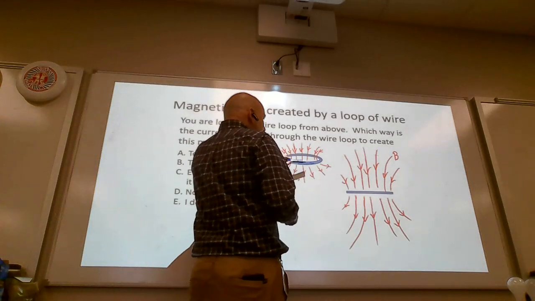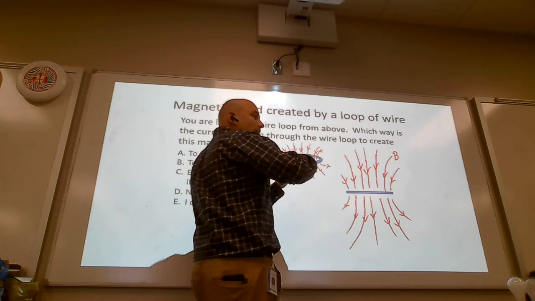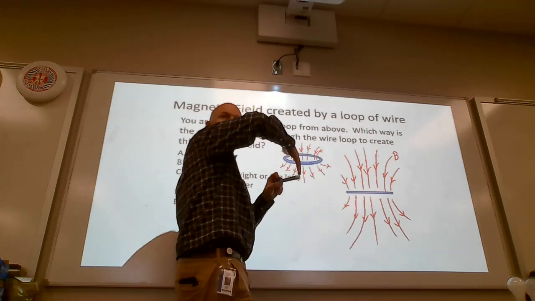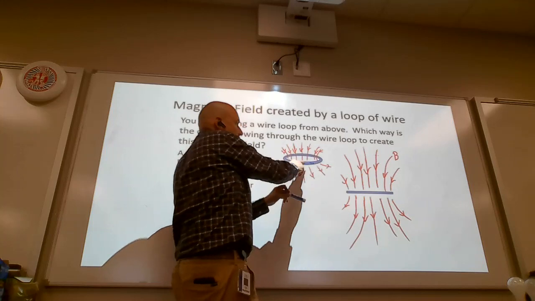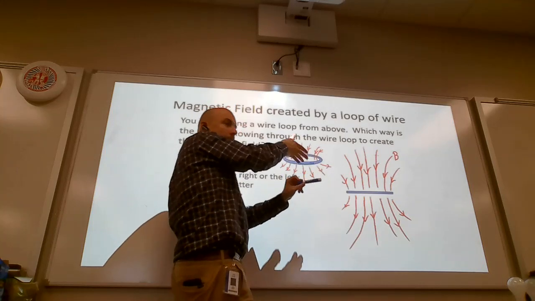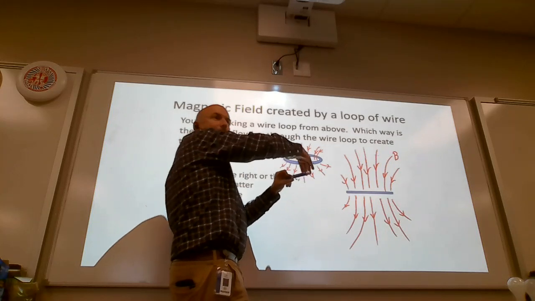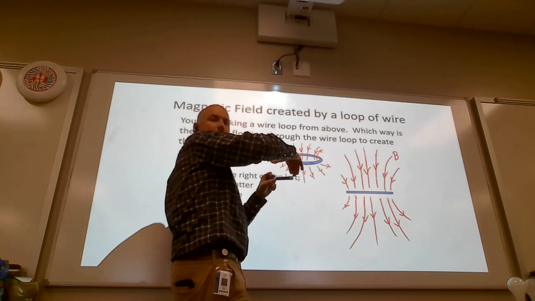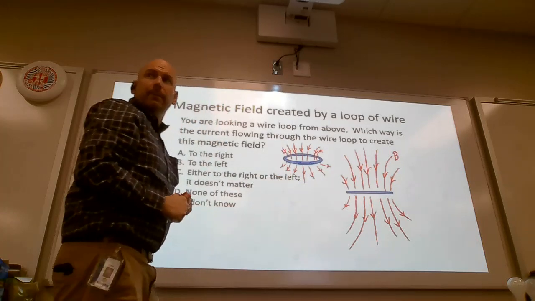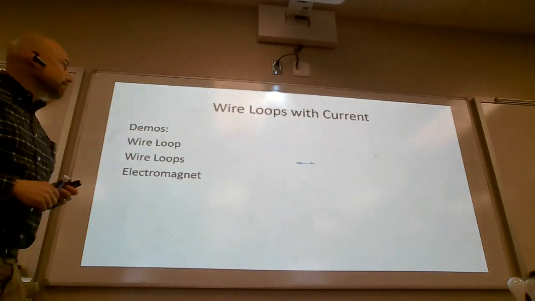You're going to grab. So the magnetic field is going down behind this. This is the part of the wire that we're focusing on. It's going down. You can't grab the wire like this. You can grab the wire like this. So the thumb is going to the left. Everybody good with that?